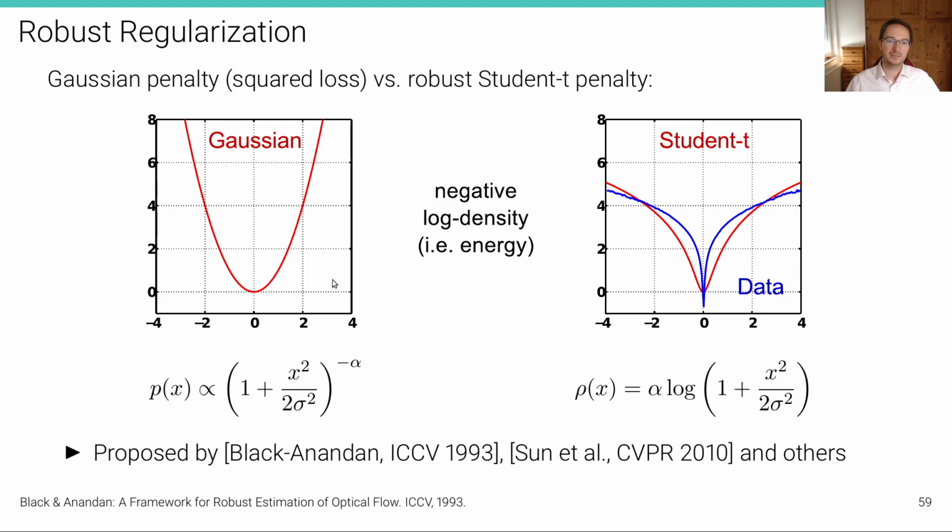There's a strong penalty for large values. In contrast, the Student-t distribution here in red is more gracious. It has heavy tails. It's called a heavy tail.